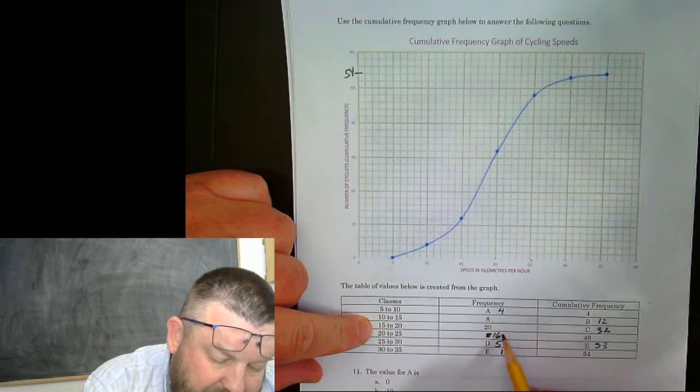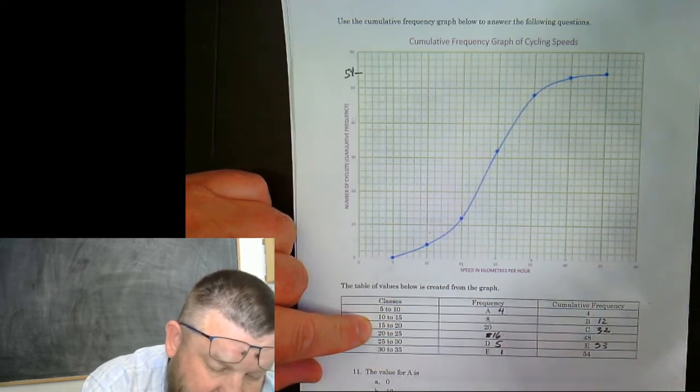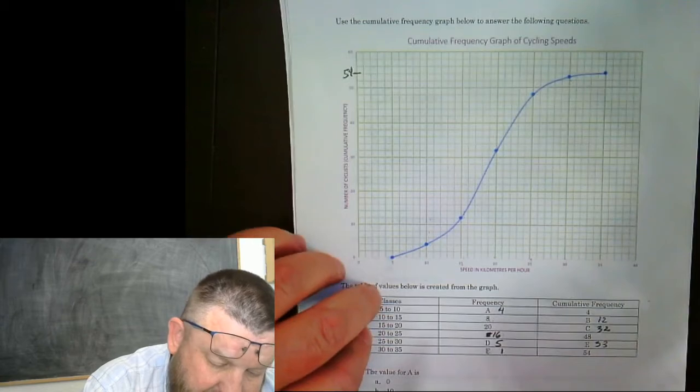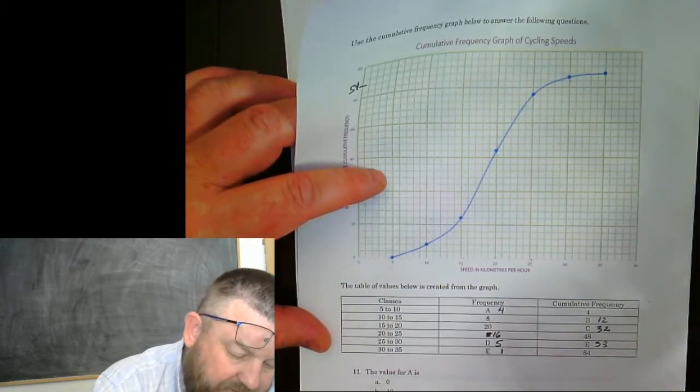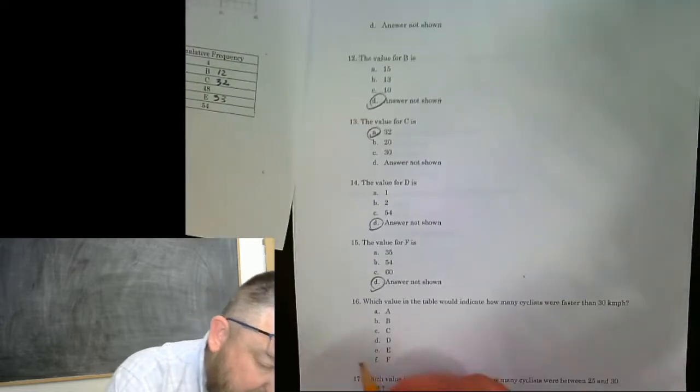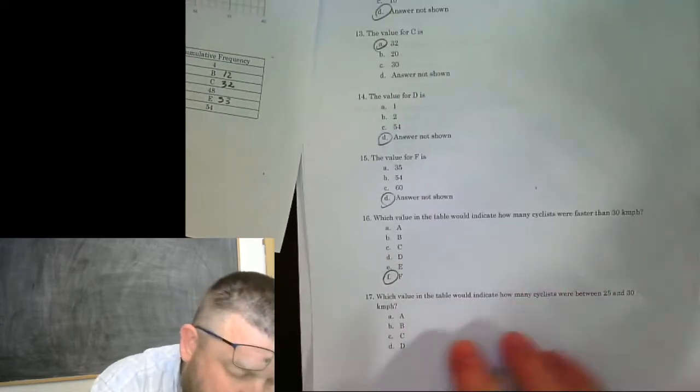Faster than 20 would be 22. 22 people were faster than 20. So you got to be careful with that. So faster than 30 is F, and there's only one person that was faster than 30.